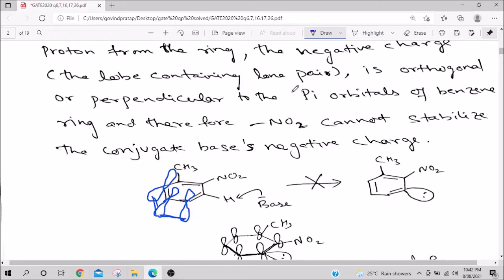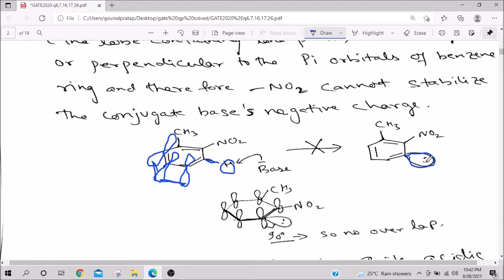But the thing is, this proton is on the plane, exactly like benzene. So when you remove this proton with a base, you get a negative charge on the benzene, which is again in the plane. So this lone pair of electrons, that negative charge, is orthogonal, or I can say perpendicular, to the p orbital.